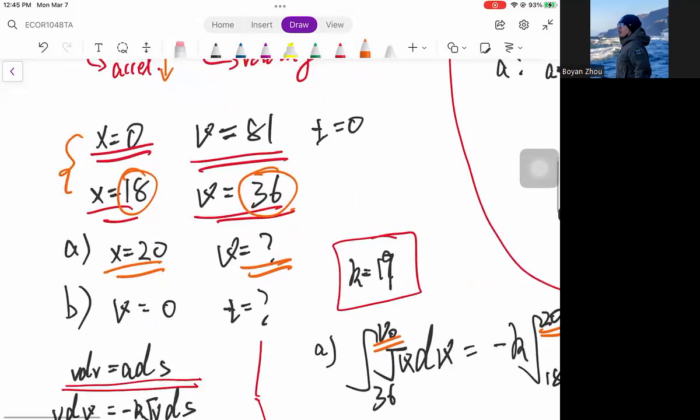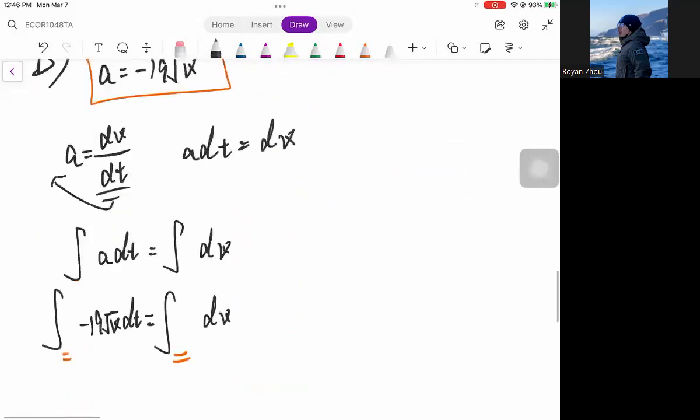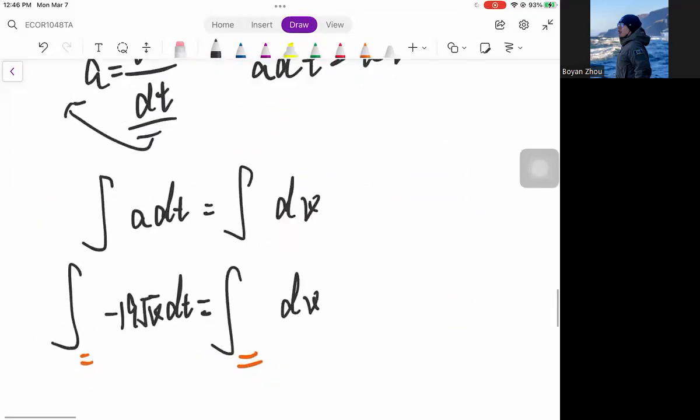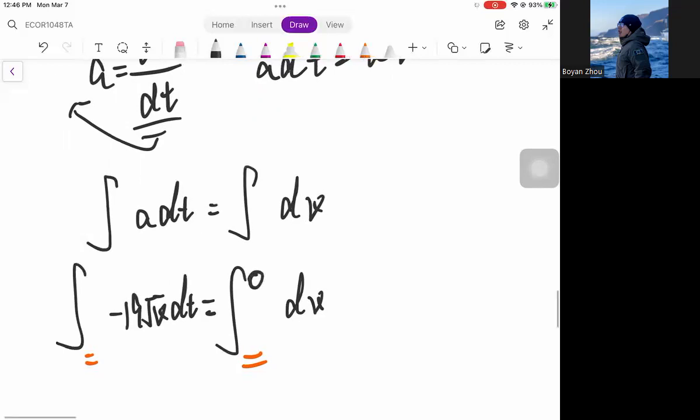Okay, so we are looking for when the velocity is equal to 0 and what is going to be the t. So here, actually, I'll put them on top. And the velocity is equal to 0. We're looking for t naught.